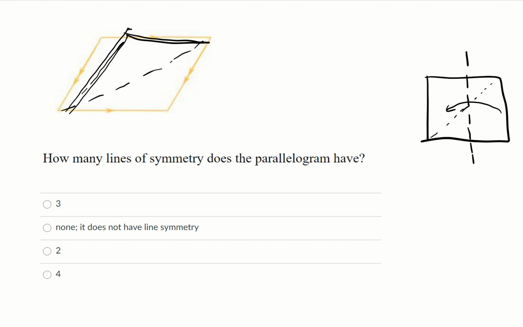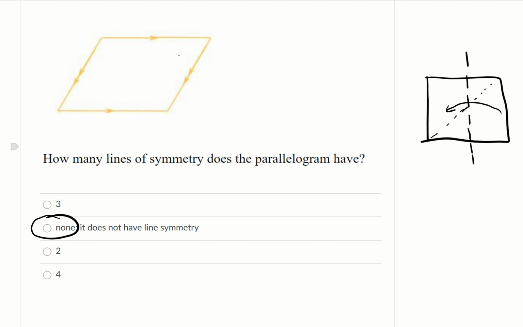You can convince yourself of this. And if you fold it that way, it's also not going to line up. It's going to line up in an odd way, and it's kind of hard to show you this. So I would highly suggest making a parallelogram like this and showing that if you fold it, this is not going to work. So it turns out that this parallelogram does not have any lines of symmetry for that reason.